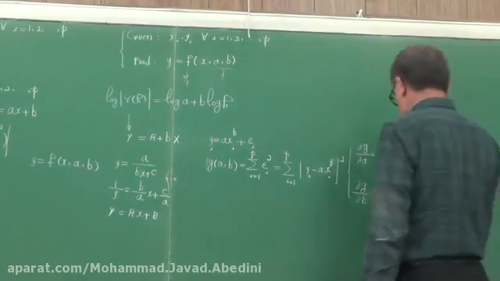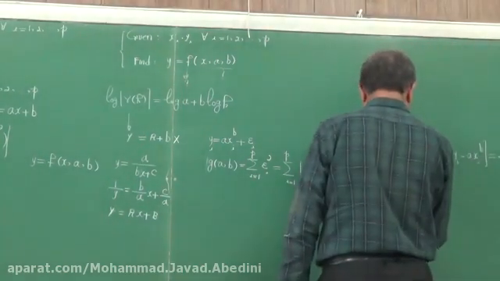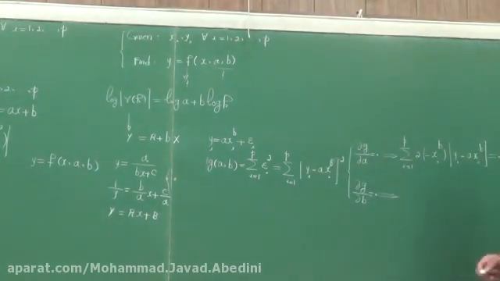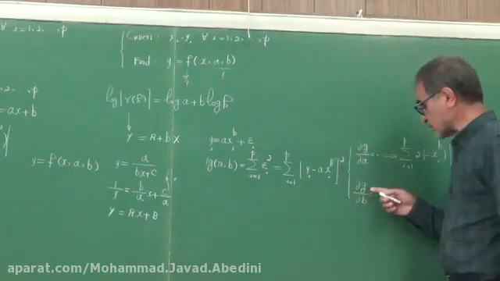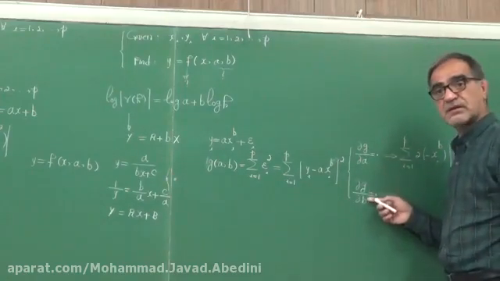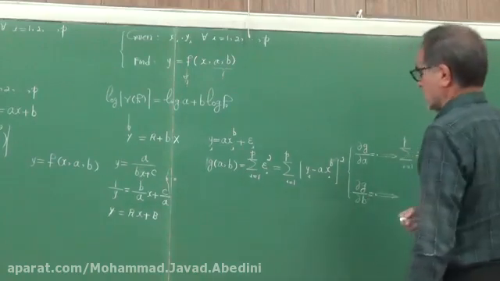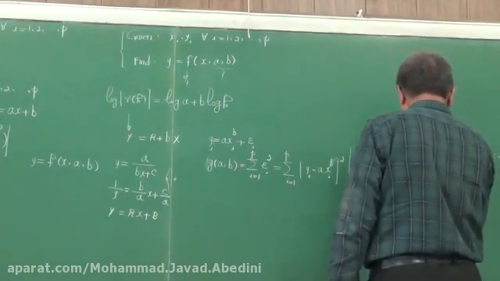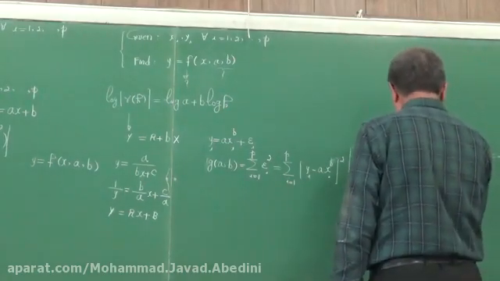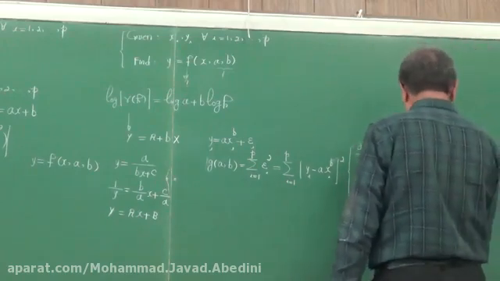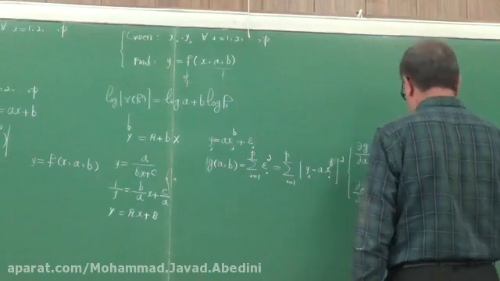When it comes to the partial derivative of g with respect to b, please pay attention. Your partial derivative with respect to b. Again, you have the sum over i from 1 to p, and then you bring the 2 in front of the bracket.